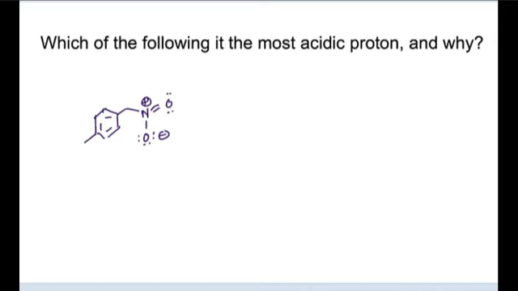Okay, and the next question we're asking, which of the following is the most acidic proton? So it's going to be important to go ahead and draw in all of the protons. There's these 4 on the benzene ring. We know there's 3 sitting right here, and then there's a couple of more right here.